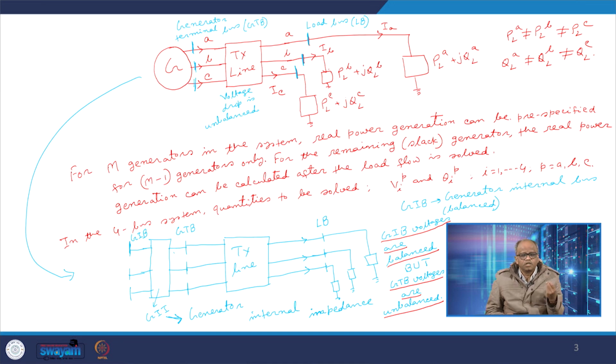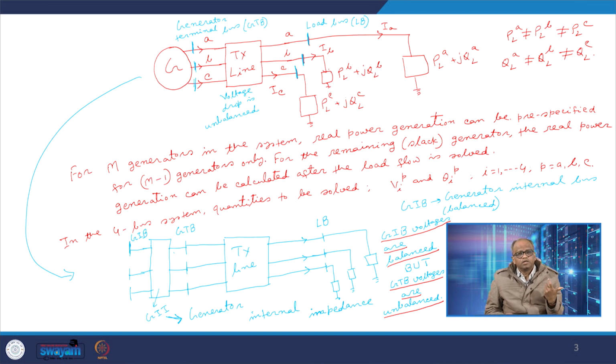This generator terminal bus voltage would be unbalanced due to the fact that unbalanced load current would be drawn from the generator. But the generator internal bus is basically a virtual bus which does not have any physical existence. This is just our kind of assumption.